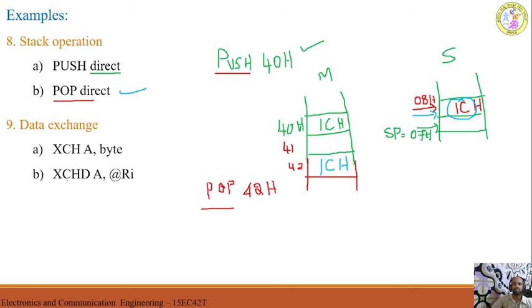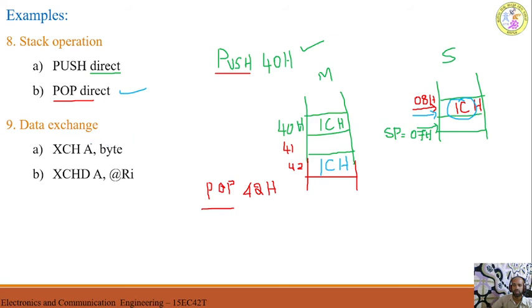Then we have the data exchange operation, that is XCH A, byte and XCHD A, @Ri. XCH means exchanging the data. A and some byte, meaning some memory location, we are going to use here. These two data will be exchanged.